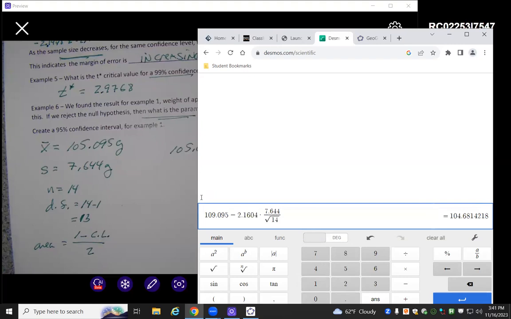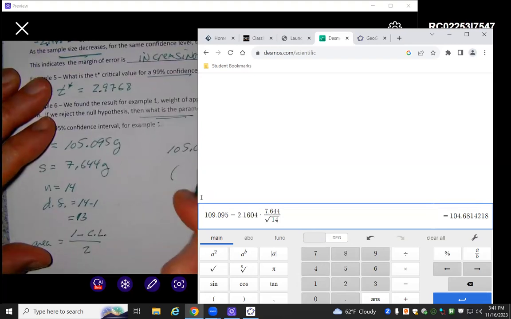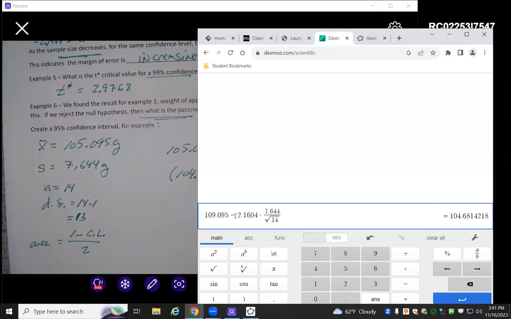And there is my lower value. And I'm going to round this to grams, and the other value, I'm going to just change this to plus, and get my upper value.